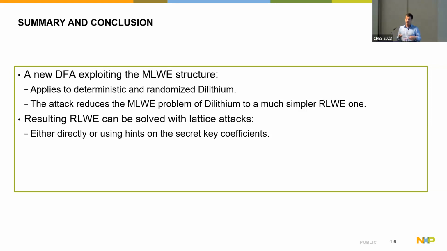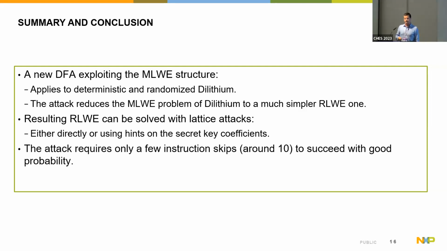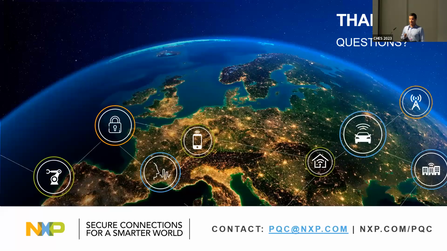The resulting instance can be broken practically, either by using the small enumeration technique I mentioned or without it. The attack is efficient because you need more or less 10 faults to get back the secret key with good probability. And we propose new countermeasures. So that's it for me. I'm happy to take any questions now.